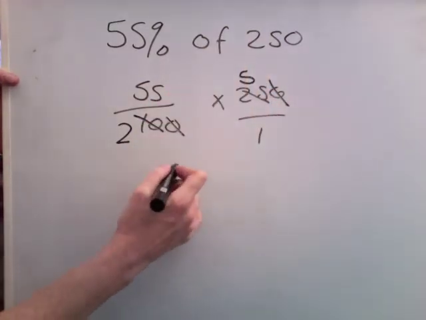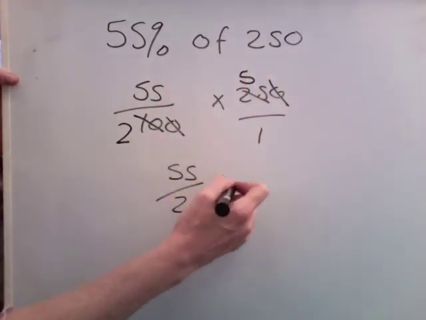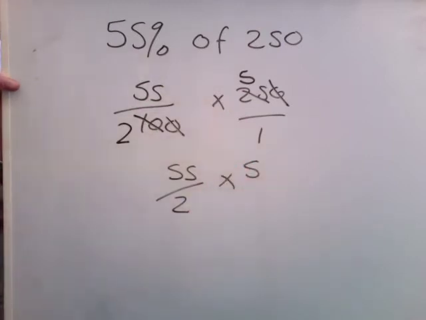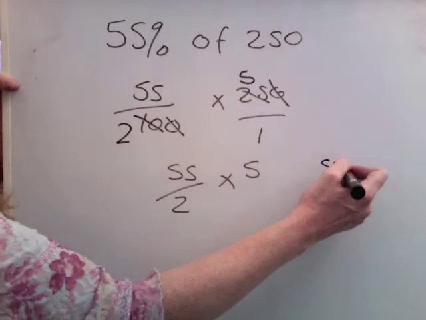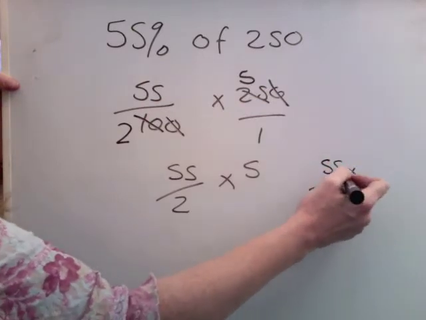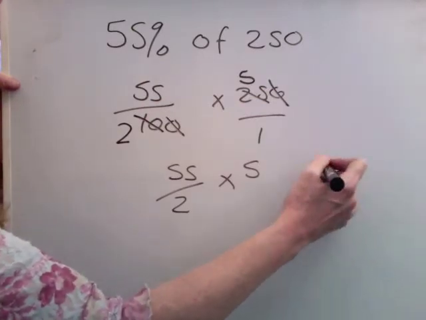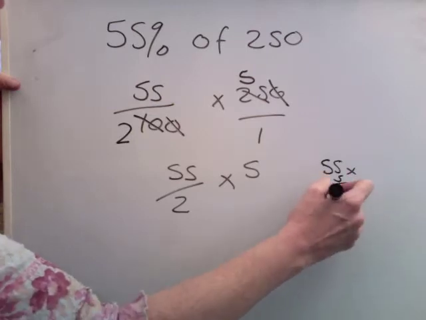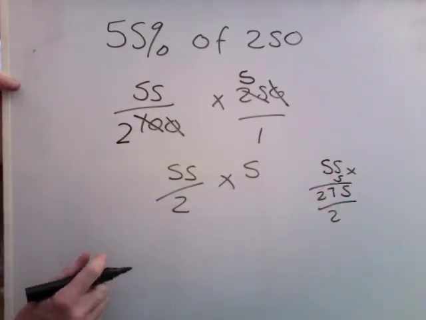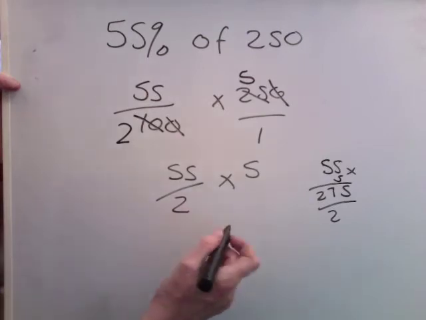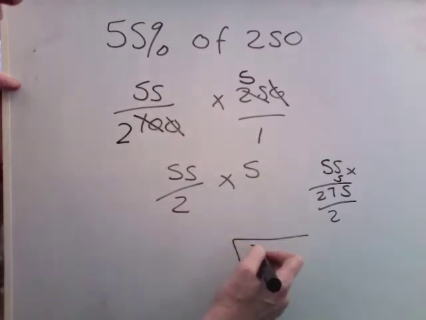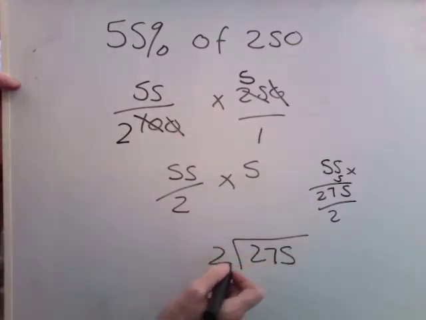And then I'm left with 55 over 2 times 5. I can't simplify it any further, so I'm going to have to do the sum. 55 times 5. 5 5s are 25, 5 5s are 25, 275. And the answer needs to be divided by 2. So the answer is 275 divided by 2.